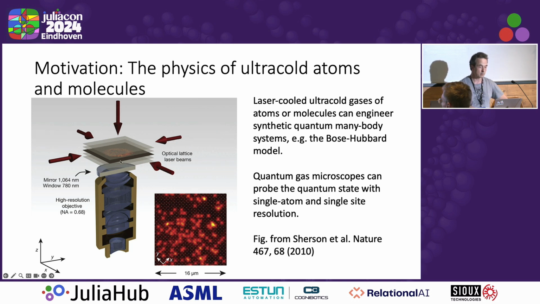There are lasers here generating an optical lattice potential, after these atoms have been cooled to nanokelvin temperatures in some vacuum chamber, and then there's a very powerful microscope from the bottom that can resolve single site and single atom what these particles are doing, and their motion or their quantum states are fully quantum mechanical. So every time you photograph it, basically you take a quantum measurement of the position of these particles. Very impressive experimental progress over the last few decades.